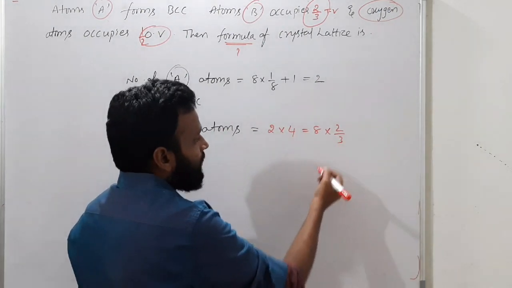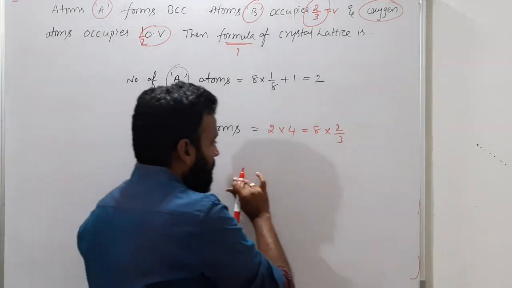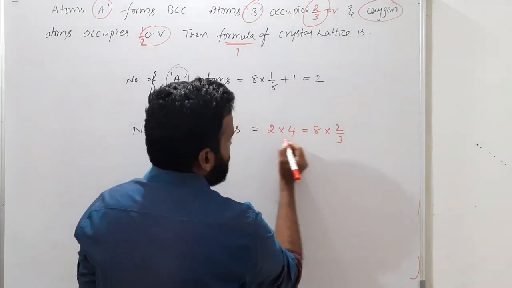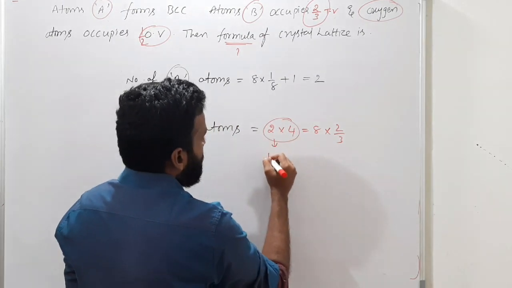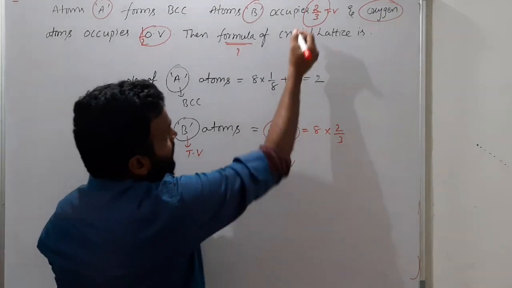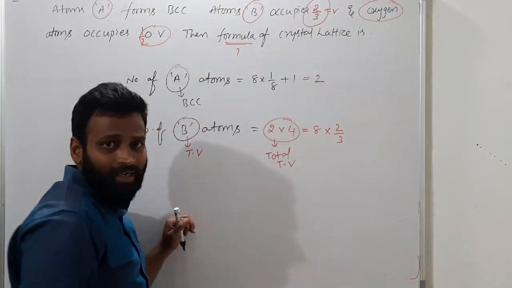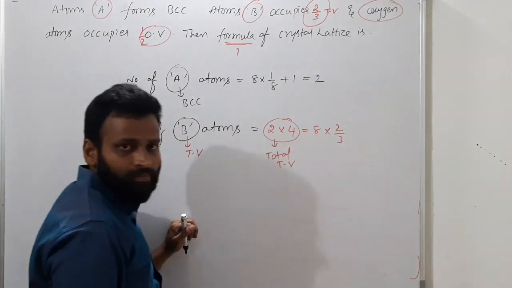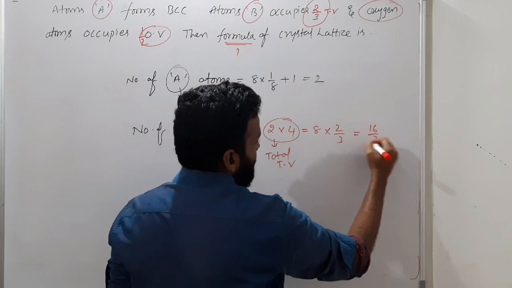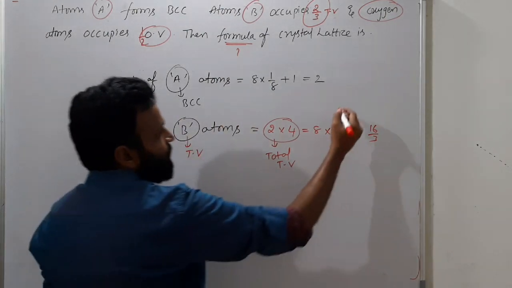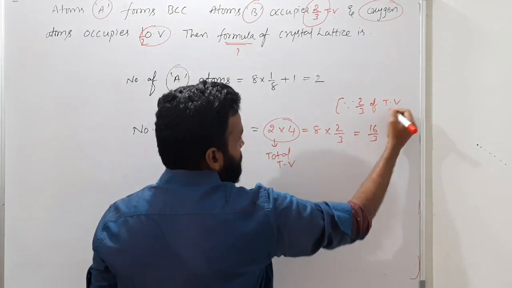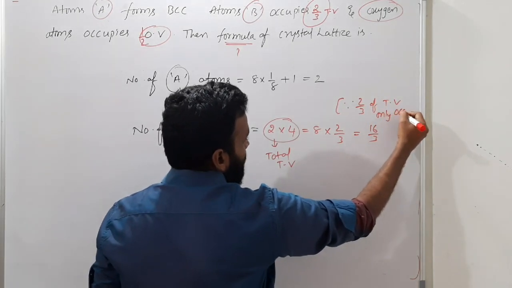Don't worry about fractions, you can multiply with a number later. These 8 are the total tetrahedral voids, but they occupy only 2/3 of them. So 8 into 2/3, so this will be 16 by 3 atoms, since only 2/3 of the tetrahedral voids are occupied.